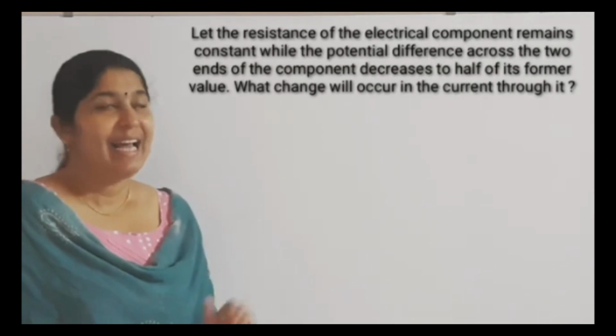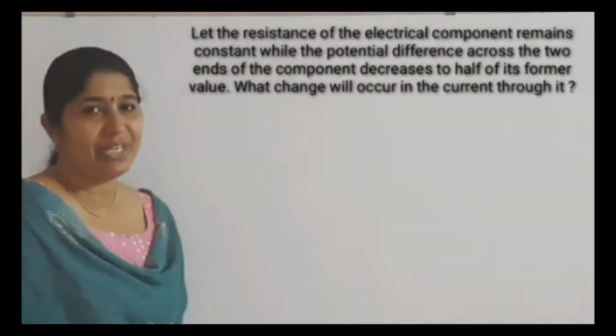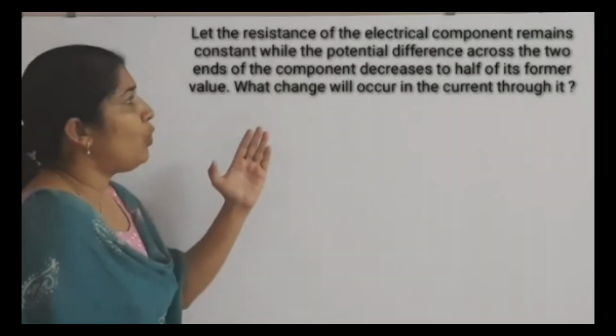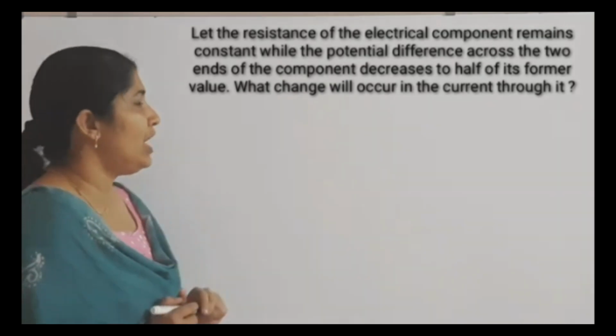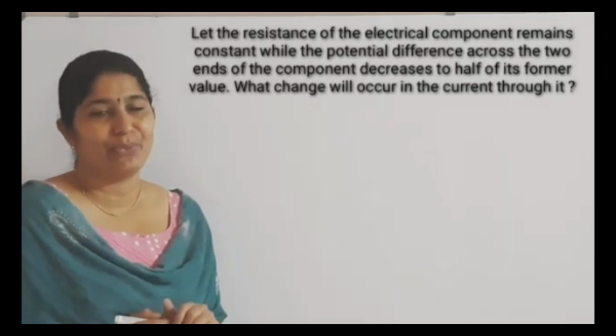Our second question is, let the resistance of the electrical components remain constant, and by changing the voltage to half of its initial value, what happens to the current flowing through the circuit?